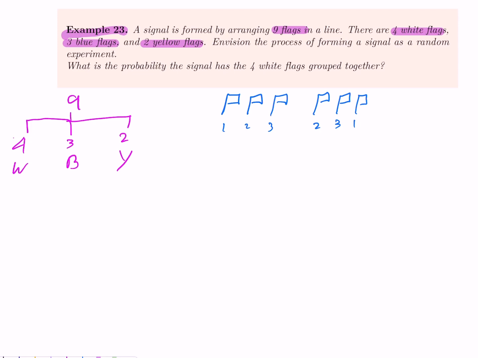But the question they're asking is, what is the probability the signal has the 4 white flags grouped together? First, let me define an event here. So what is the event, you think?